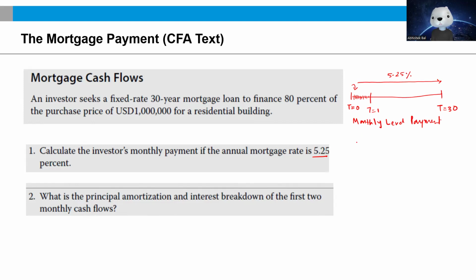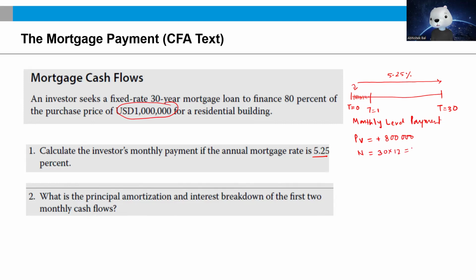So let's understand. So in this case, what's happening is you're borrowing, right? You're borrowing 80% of the $1 million, which means you're going to borrow today at time t is equal to 0, $800,000. All right. And then you have how many periods? You're going to have 30 into 12.